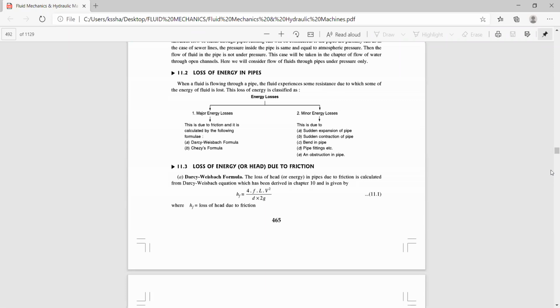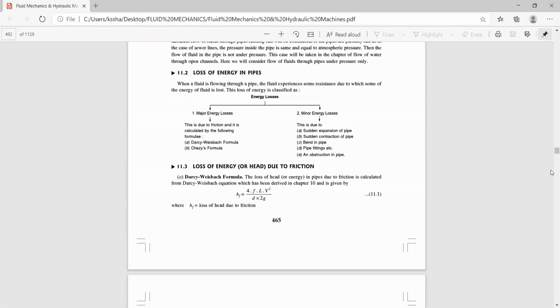Okay, now when a fluid is flowing through a pipe, the fluid experiences some resistance due to which some of the energy of the fluid is lost. The loss of energy is classified as energy losses, that is major losses and minor losses. So in the major losses, we have Darcy-Weisbach formula and Chezy's formula. Two formulas are there.